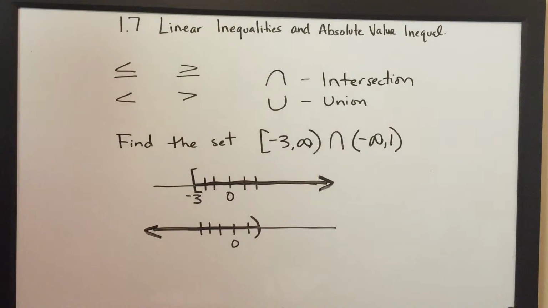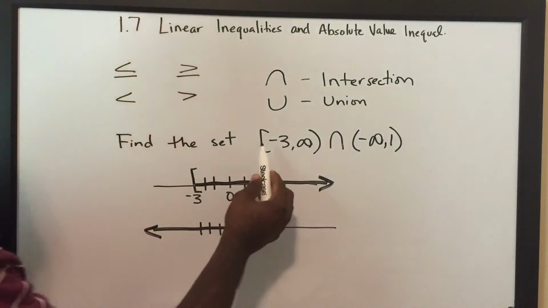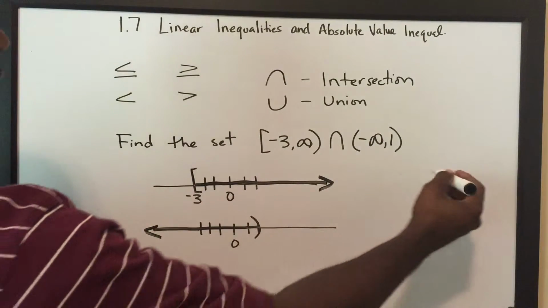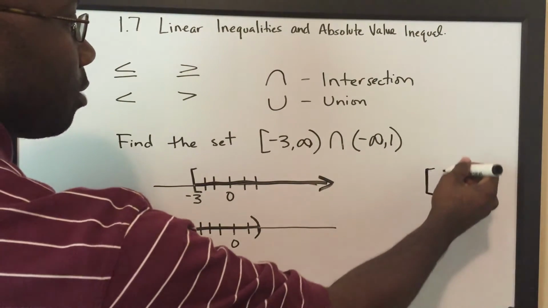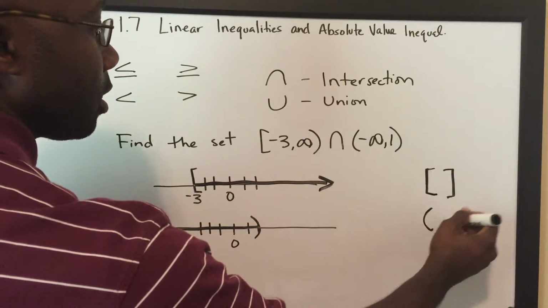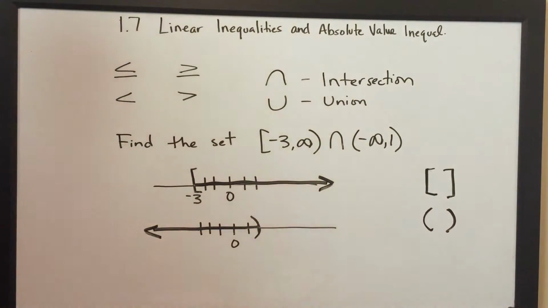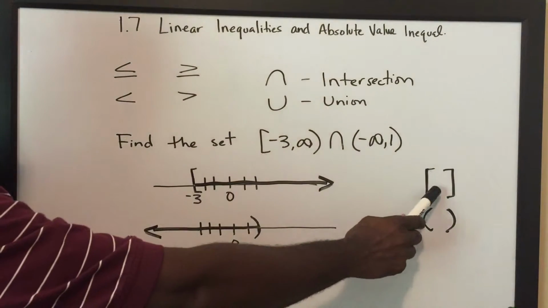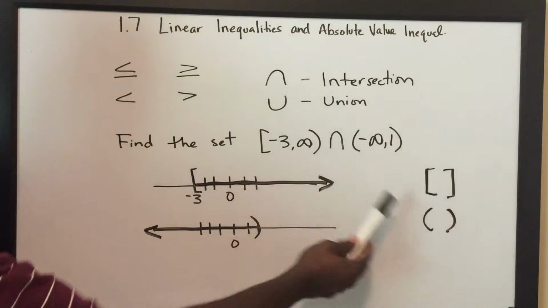So something to keep in mind when we talk about these symbols right here: brackets and parentheses. Brackets are really saying that the value or endpoint is included as part of the interval. When we see parentheses, we're saying that the endpoint is not part of the solution. So with brackets, the endpoint is part of the solution, such as -3.